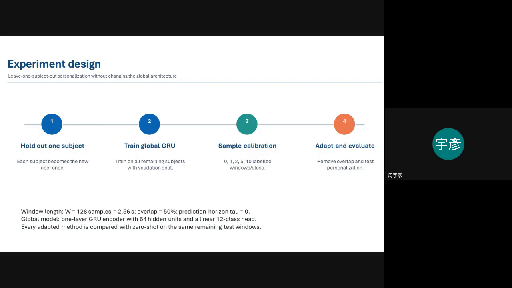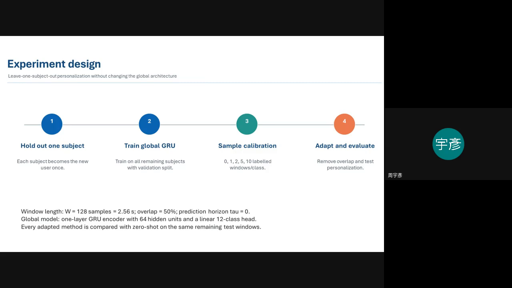The input window length is 128 samples, which corresponds to 2.56 seconds because the sensor sample rate is 50 hertz. We use 50% overlapping and the prediction horizon is 0, meaning the model predicts the current activity from the observed windows.